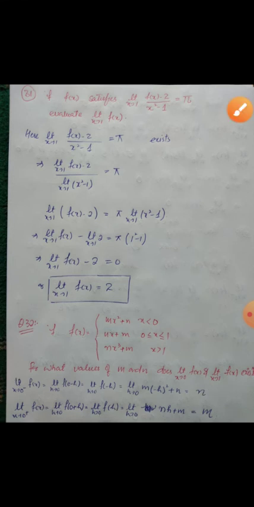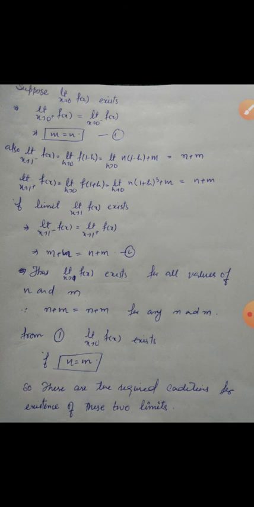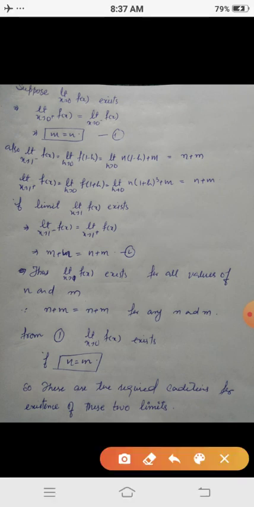Now suppose the limit at x equals 0 exists, which implies that the left limit equals the right limit, that is, m equals n. Name it equation first. Also, the left limit at 1, by putting 1 − h in the given function, is n + m, and the right limit is n + m. We have to find the values of n and m such that the limit at x equals 1 exists.